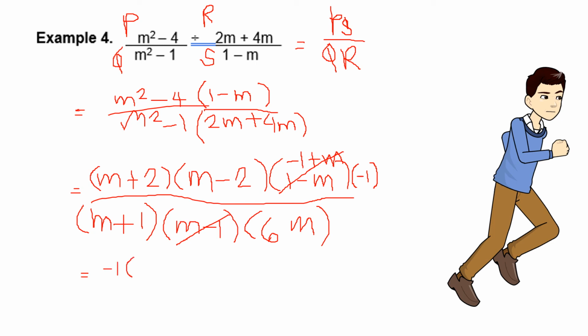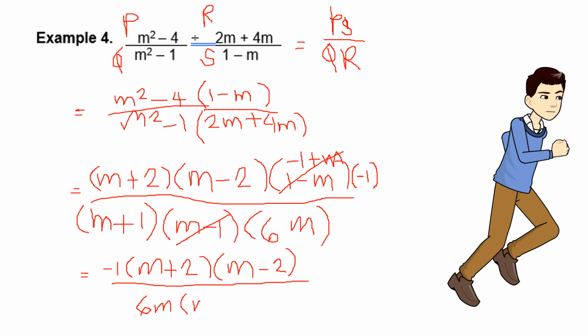Times m plus 2 times m minus 2 all over 6m times m plus 1.